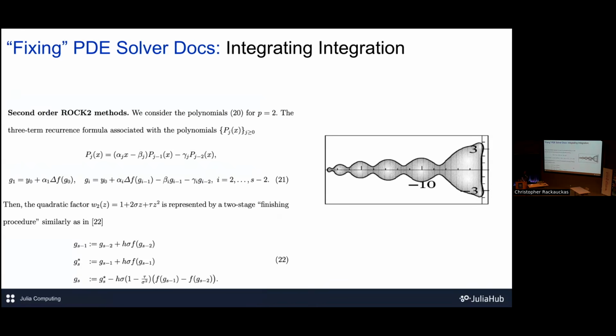Rackauckas-Chebyshev methods are really interesting because based off the number of stages you have, it actually grows the stability region of the stepper to the left there. So that's your standard stability region chart for an ODE solver. You can see that the stability with respect to real eigenvalues grows as it goes along the real eigenvalue axis, as you get to larger and larger negative lambda, larger in absolute value.